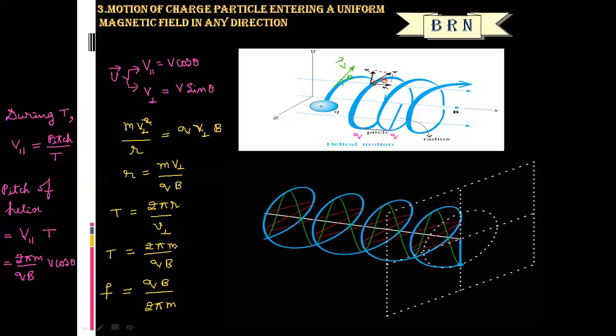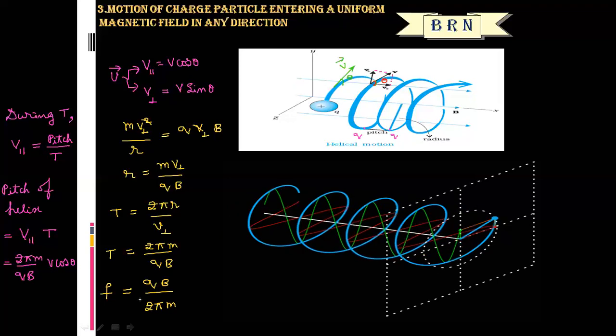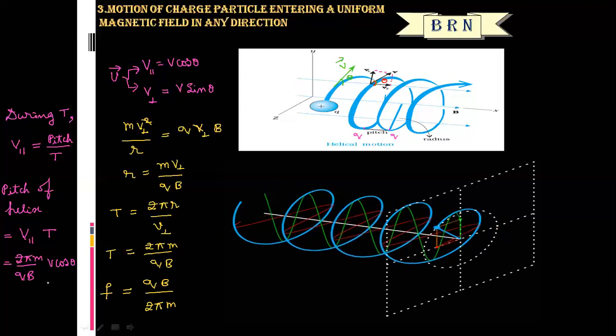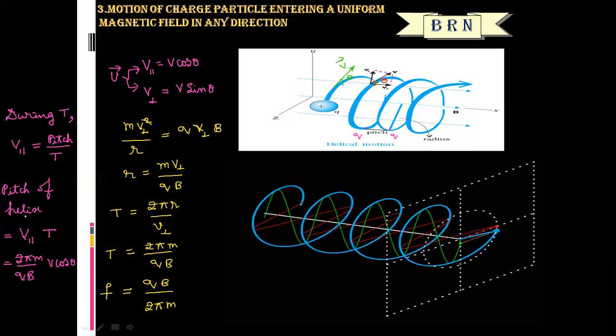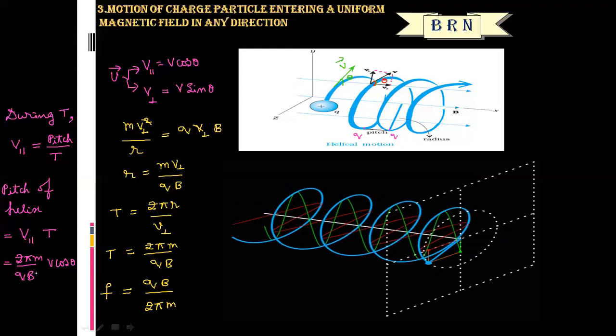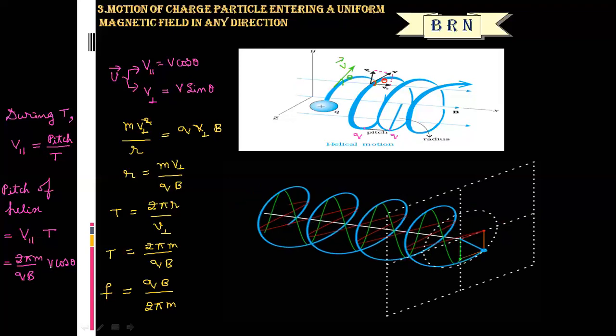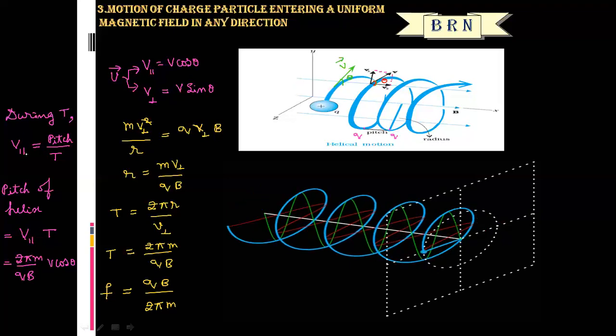So these mathematical expressions are very, very important, especially the pitch of helix expression: 2 pi m divided by qB into v cos theta. What is the meaning of pitch of helix?